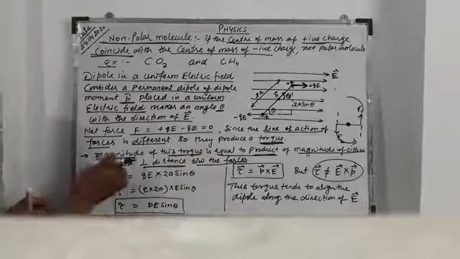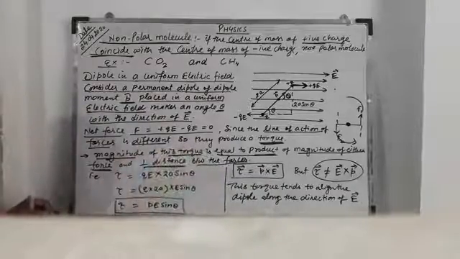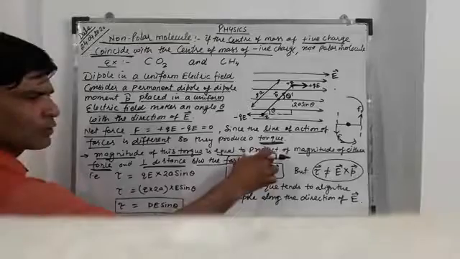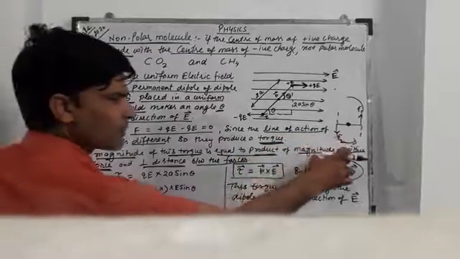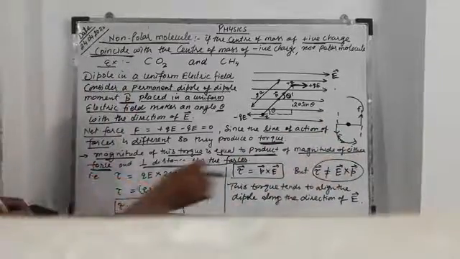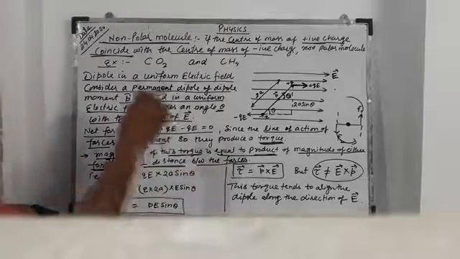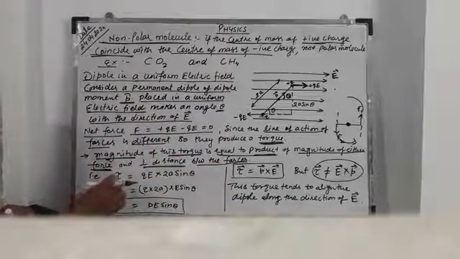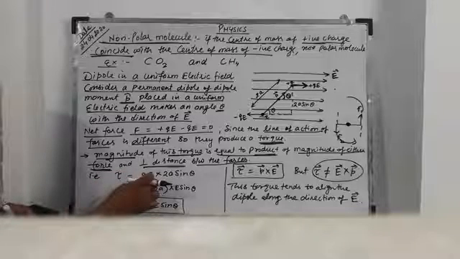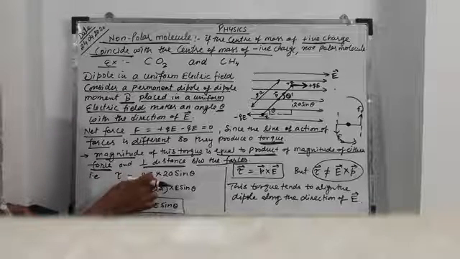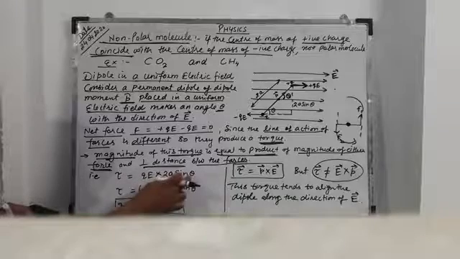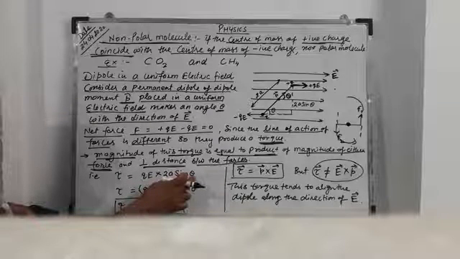That is, tau is equal to QE, the magnitude of either force, times 2a sine theta, the perpendicular distance.